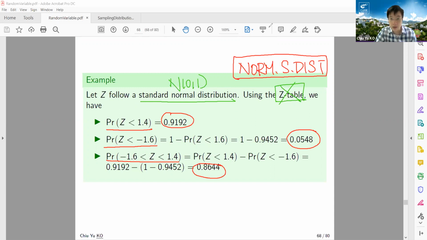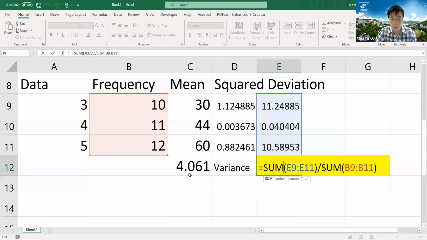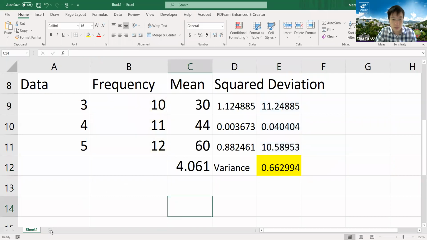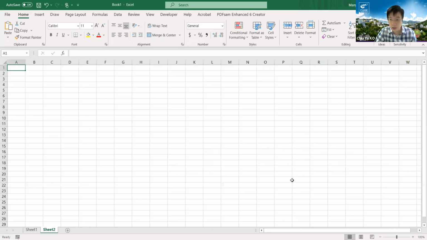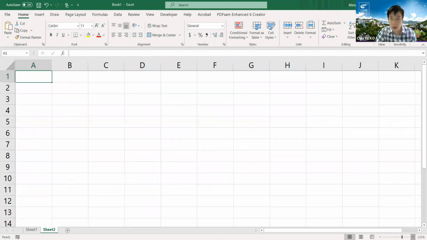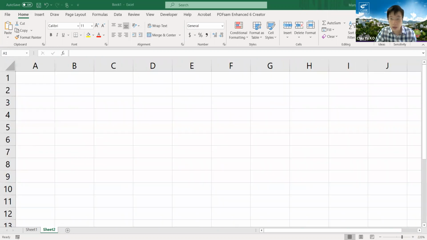Let me show you the Excel. Can you see my Excel? Yes. So if you use Google Sheets, you get the same thing. Let me pick the question I'm going to ask.